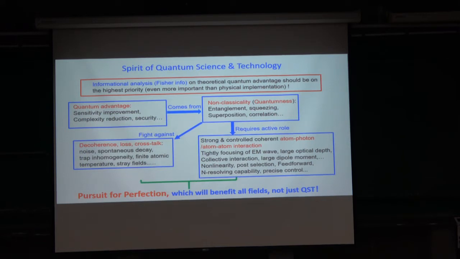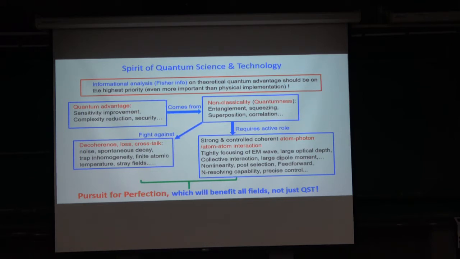Like you want to increase your sensitivity, or you want to take advantage of complexity reduction, like quantum computing, or you want more security due to quantum entanglement. And all this quantum advantage comes from quantumness, which is these entanglements, squeezing, superposition, correlations.